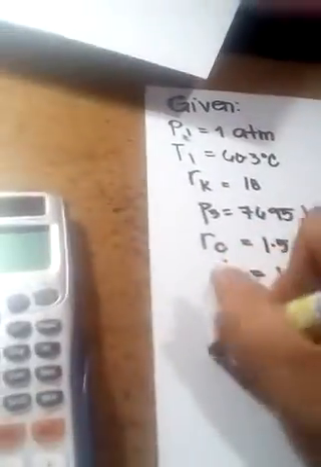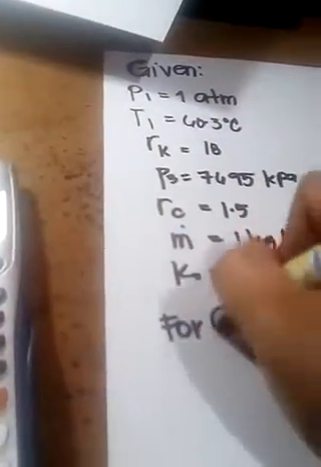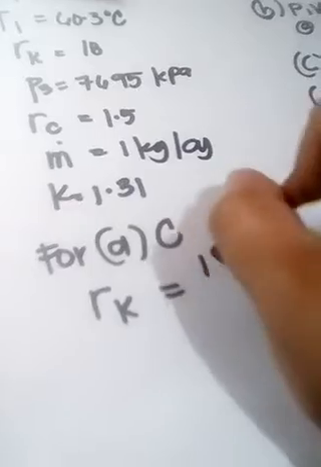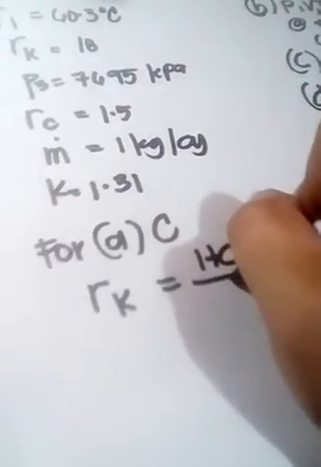So first, let's solve for A, which is the clearance. We're going to use the formula RK equals (1 plus C) over C, wherein RK is 18.